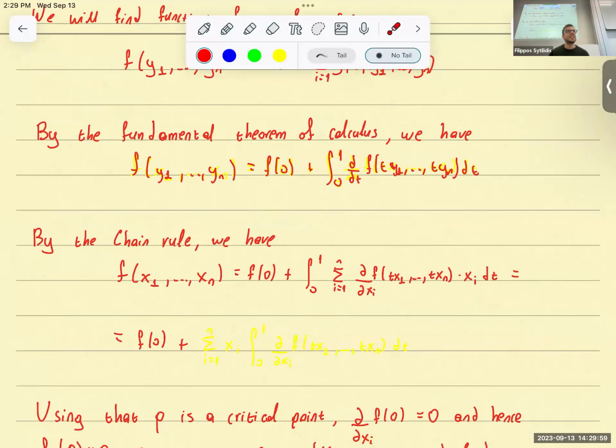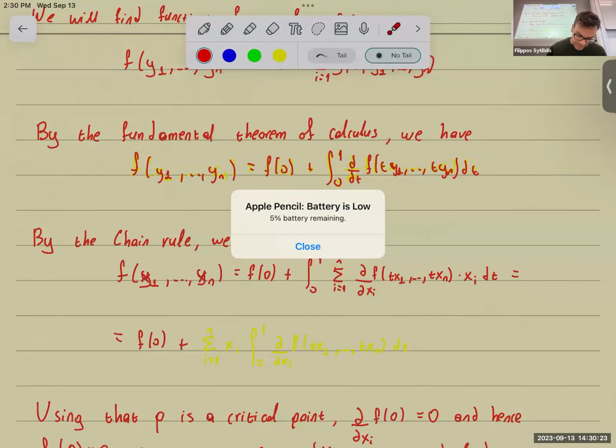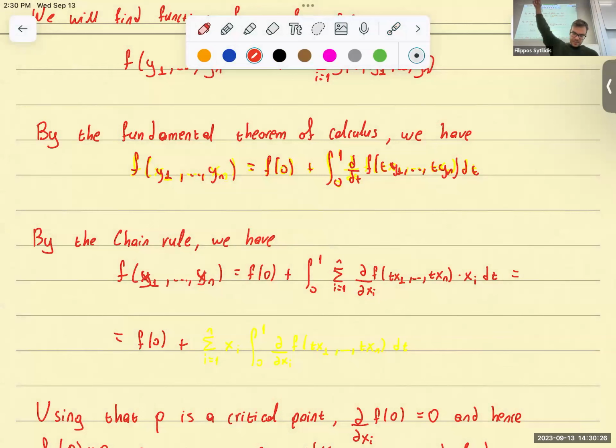Now, the usual issue when you decide to change notation in the middle of a talk comes to bite you, so I'll try to solve it by overriding. But now I'm going to use the chain rule. I'm going to substitute this d/dt by a sum of partial derivatives in the yi's, and now I'm just going to take the sum out because my integral only depends on the dt.